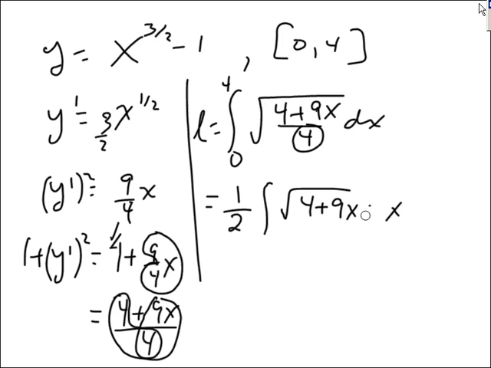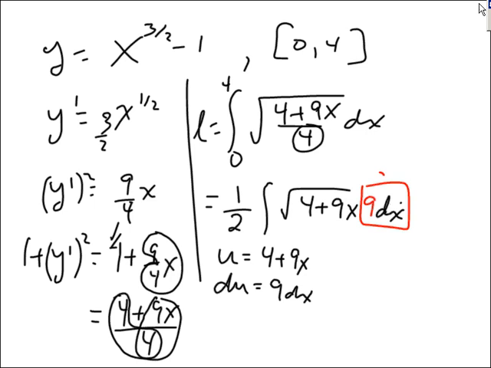And I'll let u equal 4 plus 9x. If I let u equal 4 plus 9x, then du is 9 dx. So I need to put in a 9, and once I do that, that's du.